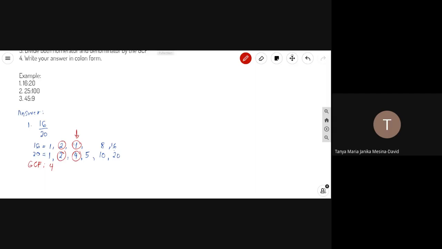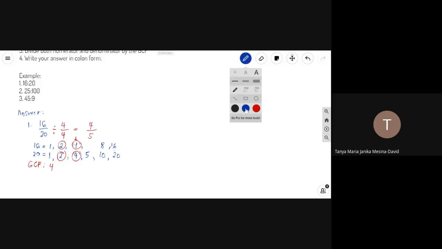After we get the GCF, in step 3, we need to divide both the numerator and the denominator by the GCF. So I'll divide by 4 over 4, because that is the GCF. What is 16 divided by 4? That is 4. What is 20 divided by 4? That is 5.